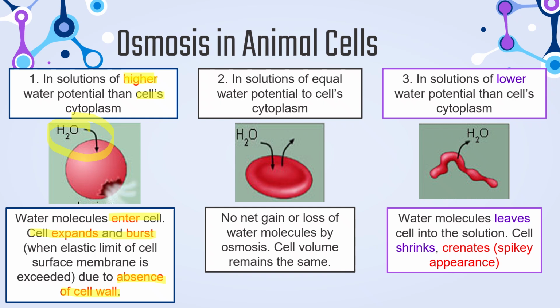And lastly, if we put an animal cell in a very concentrated solution, or a solution of very low water potential, it means that the water potential in the cell is higher than the water potential outside the cell. And so water will move out of the cell non-stop. They will continue to move out of the cell until the cell shrinks.